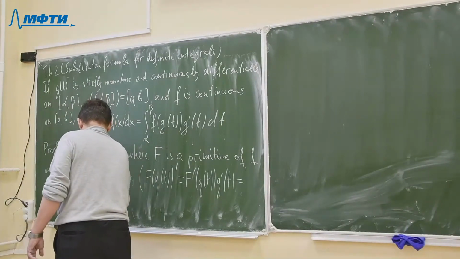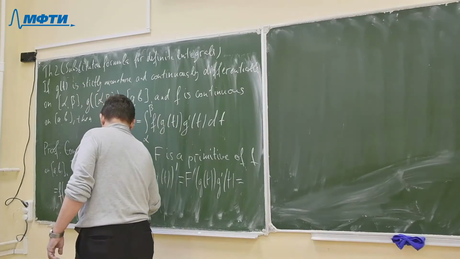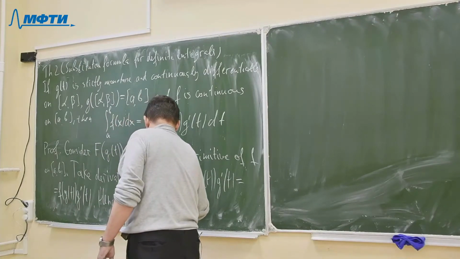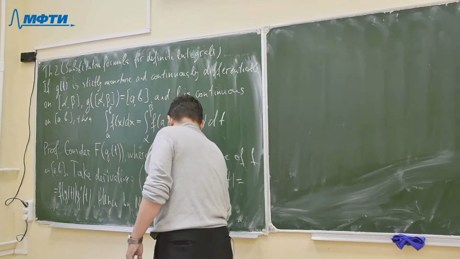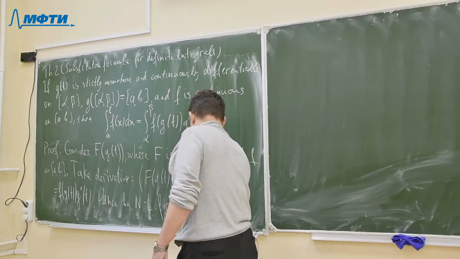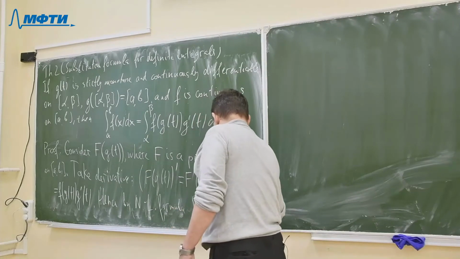Hence, by the Newton-Leibniz formula, the integral from alpha to beta of f(g(t)) g'(t) dt equals what?